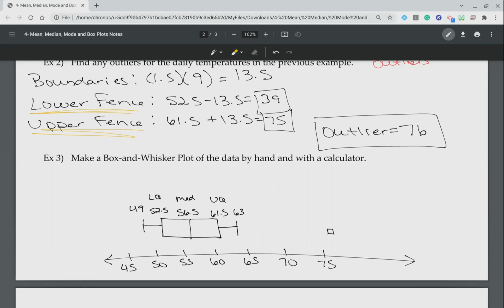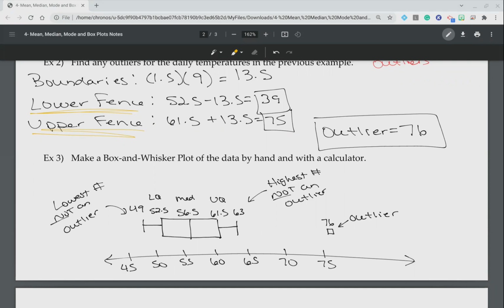So I'm going to make a little dot over here at 76. And this right here is our outlier. Okay. And just to remind you here, this number is the highest number, not an outlier. And this was our lowest number, not an outlier. And that is how you make a box and whisker plot.